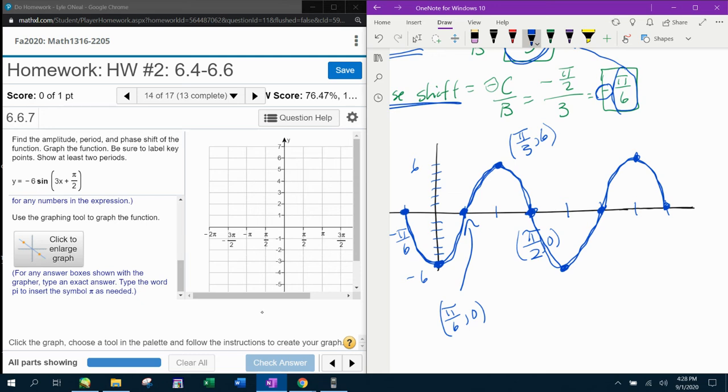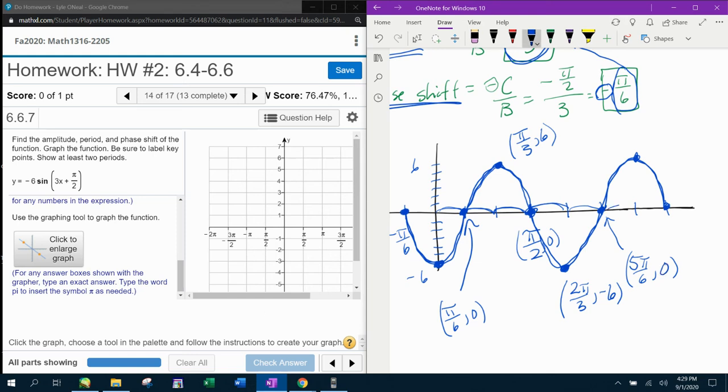Okay, so the next ordered pair is at pi over 2 and 0, right there on the x-axis. All right, so let's count 1/6, 2/6, 3/6. What is 4/6? Well, that reduces to 2/3. So the next critical point is going to be at 2 pi over 3, negative 6. 1, 2, 3, 4. The next ordered pair is going to be at 5 pi over 6 on the x-axis.